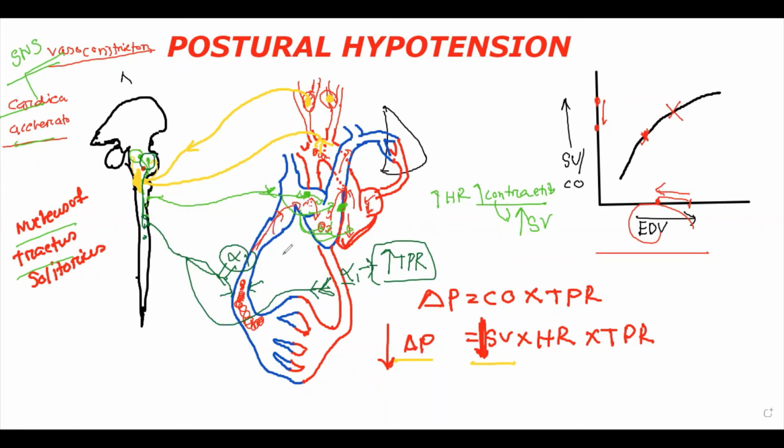So we can see here, due to this venoconstriction, venous return has been increased, and as we know, when venous return is increased, it will ultimately increase the end-diastolic volume, and due to the increase in end-diastolic volume, it will ultimately increase the stroke volume from this point to this point. So venoconstriction will increase the venous return, which will eventually be translated into increasing stroke volume.